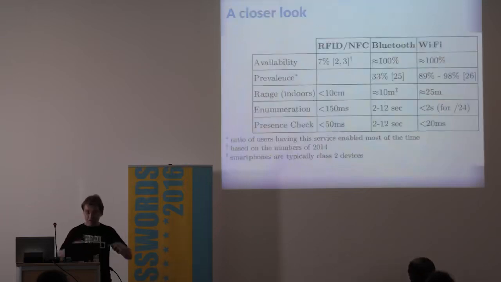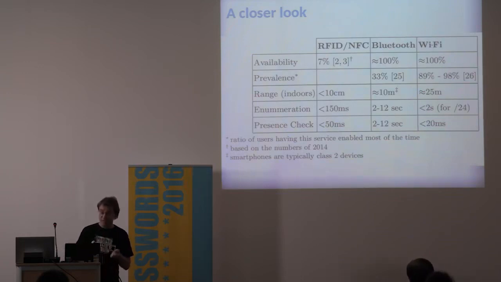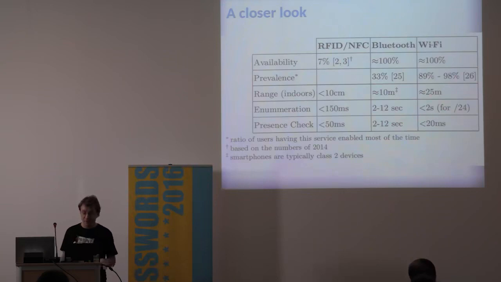So in the paper, we compared the different methods, and the four main points are availability, so how many devices support it, prevalence, how many devices usually have this transmitting function enabled, or at least the users use them on a regular basis. It's interesting that there are sometimes different numbers for iPhone and Android users.